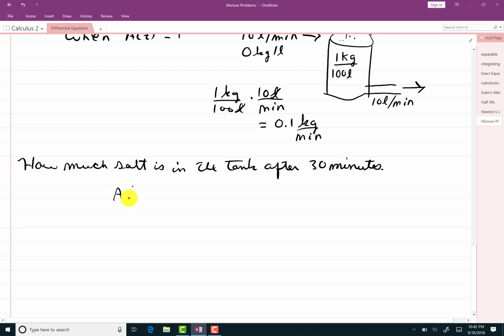A of t equals 1 plus 9 e to the negative 0.1 t. I'll replace t with 30, and we get 1 plus 9 e, and if I put 30 up there, then I'm going to have e to the negative 3, which is approximately 1.448 kg.